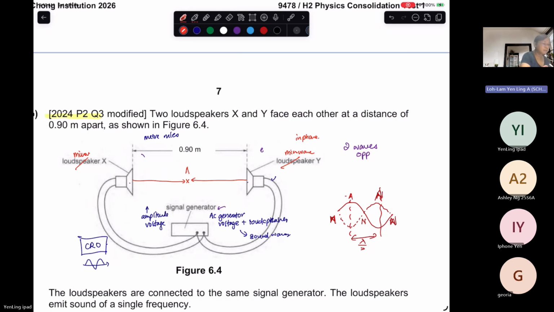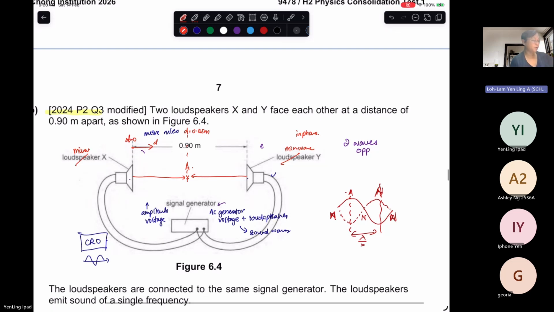Once you've got that, and you've got the wavelength, then you would know where the positions of the other ones are. So the midpoint is at d equals 0.45 meter, because d is measured from this position, where d equals 0.